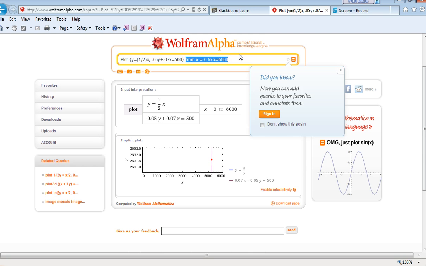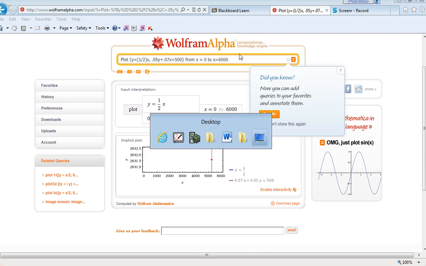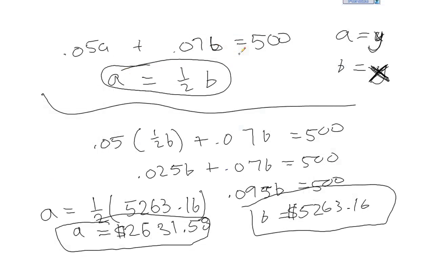To get this in our TI-83, the one difficulty with doing that is that, I wouldn't even call it a difficulty, we would need to solve both equations in terms of y, because that's how our calculator accepts values. So here I would need to write 0.05a equals negative 0.07b plus 500.